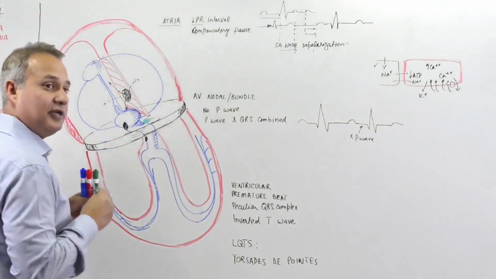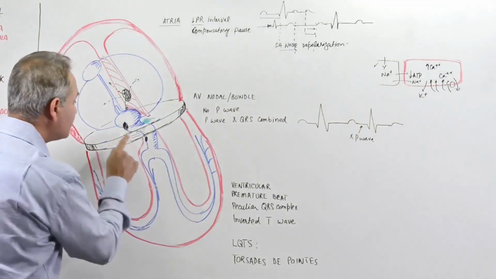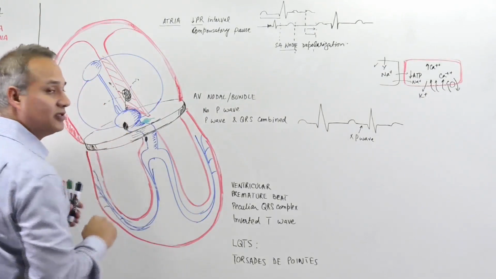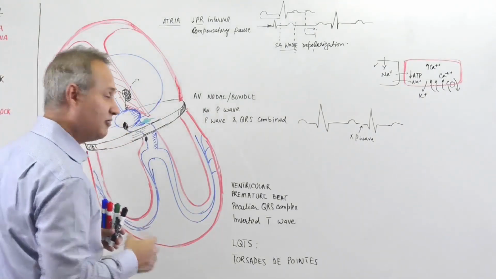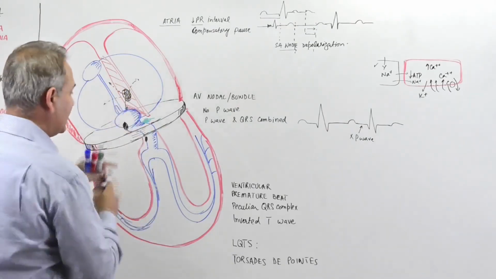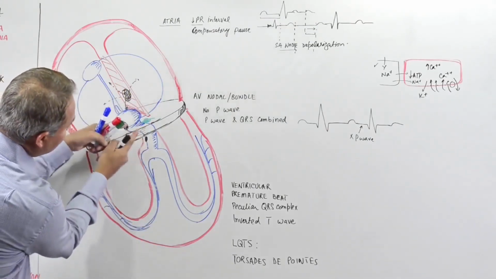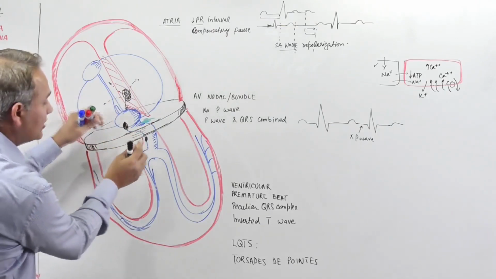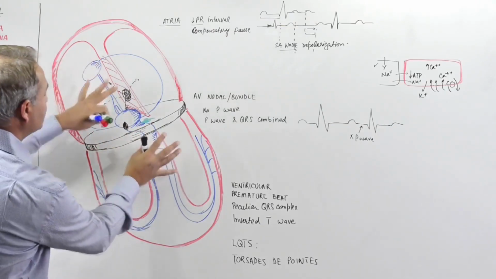Okay, now tell me, if it was happening somewhere here in the AV node, then where would be the P wave? Here it has a chance to travel backwards. If it is traveling in both directions together at the same time, it's going to create a QRS complex and P wave at the same time.